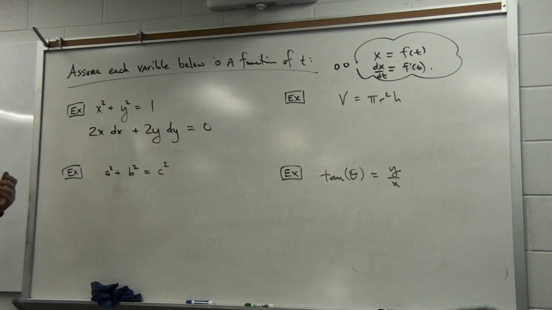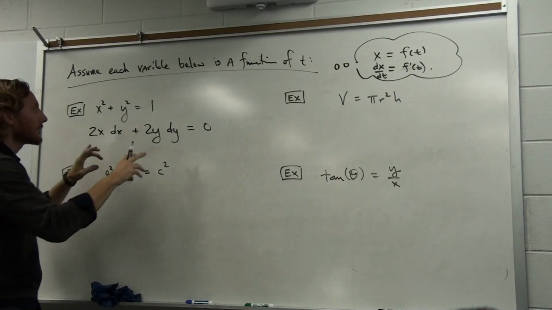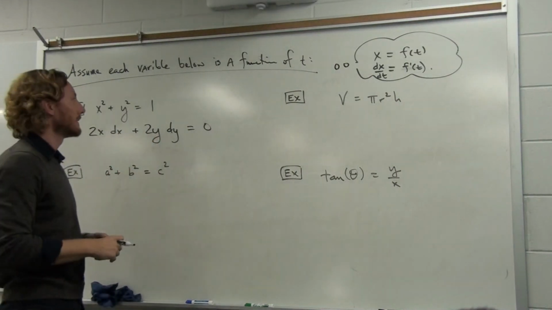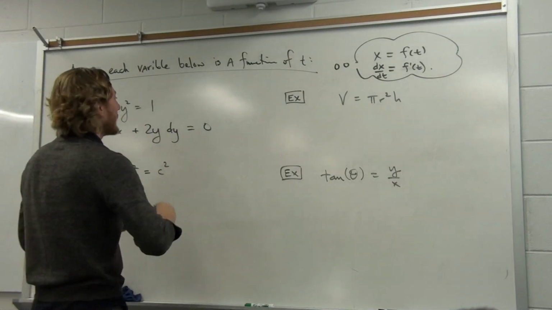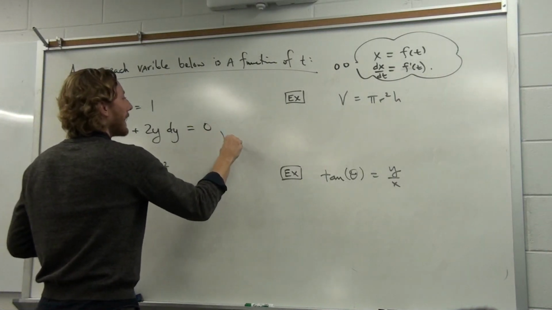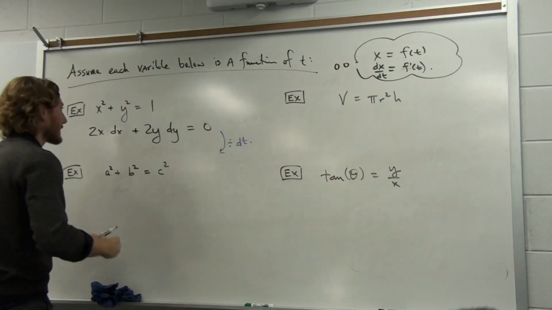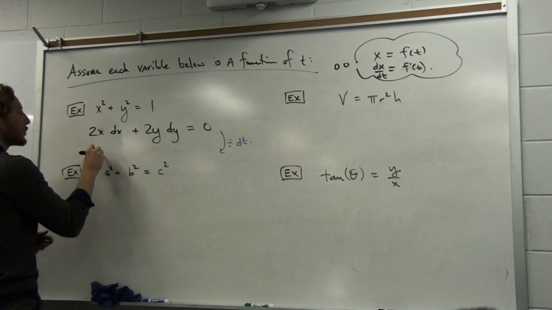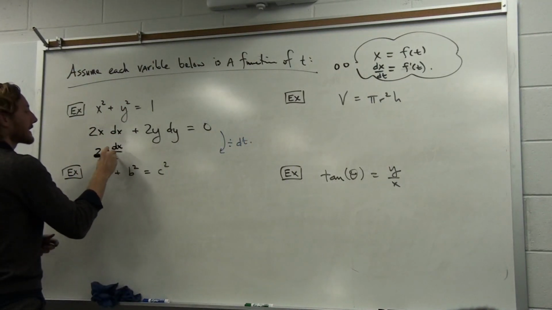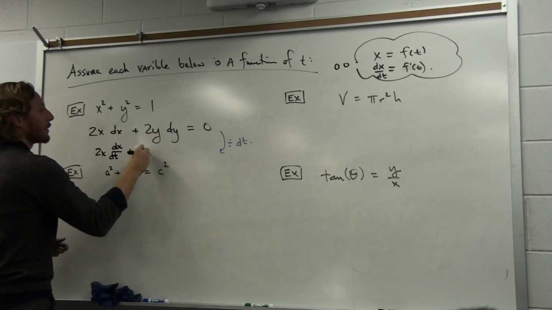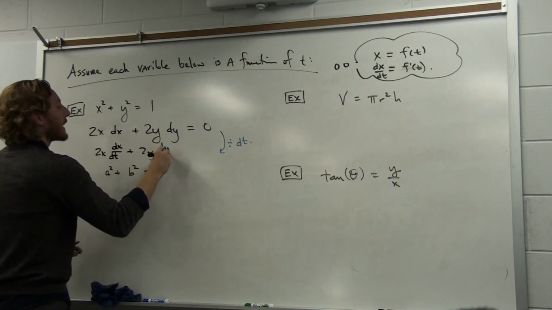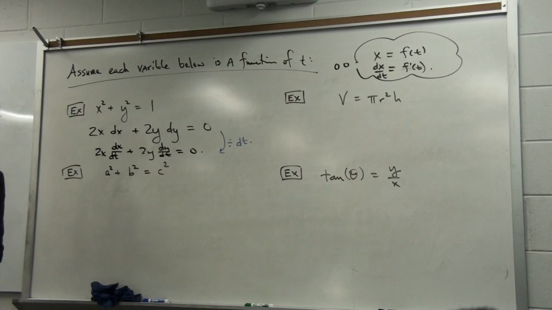You could do the same thing to both sides, and you'd still have equal things. Well, in particular, you could just divide by dt. And think about this. If you divide everything in this expression by dt, you'll get 2x dx divided by dt plus 2y dy divided by dt equals 0.